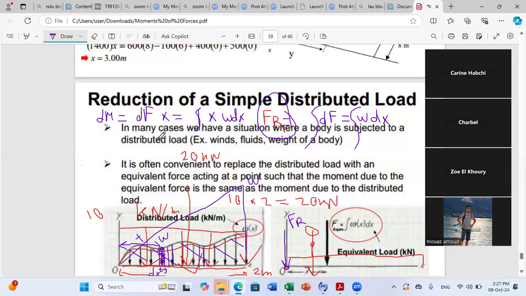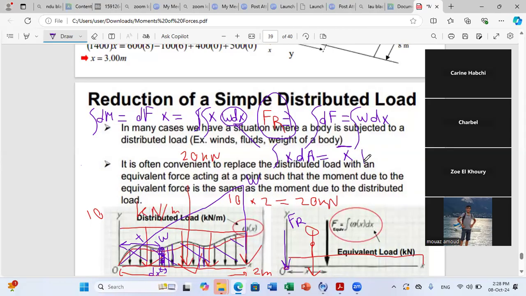And now to find the total moment, what do we do? The total moment is the integral of dM, which is the integral of x omega dx. Now, omega dx represents the area dA. And you have a mathematical formulation stating that the integral of x dA is simply equal to x bar, which is the position of the centroid of the area, times the area.